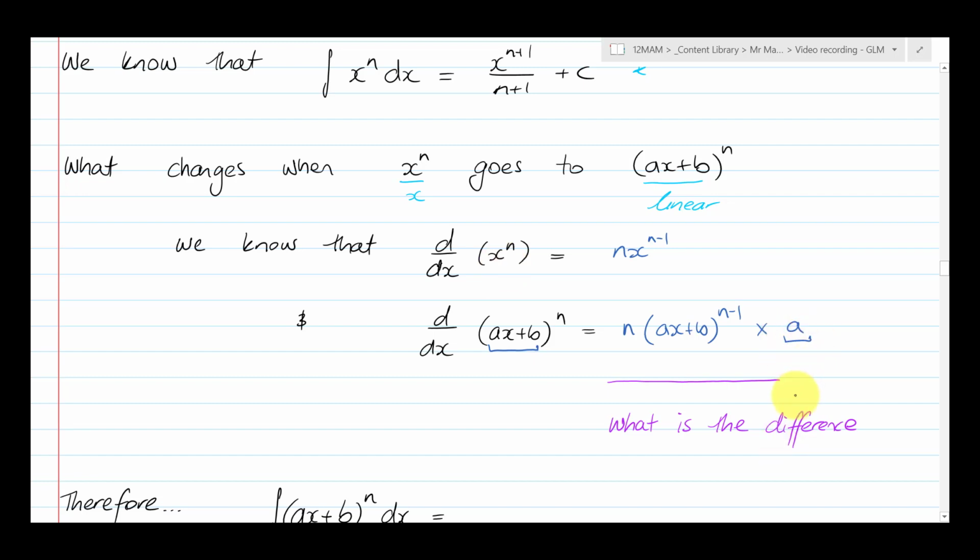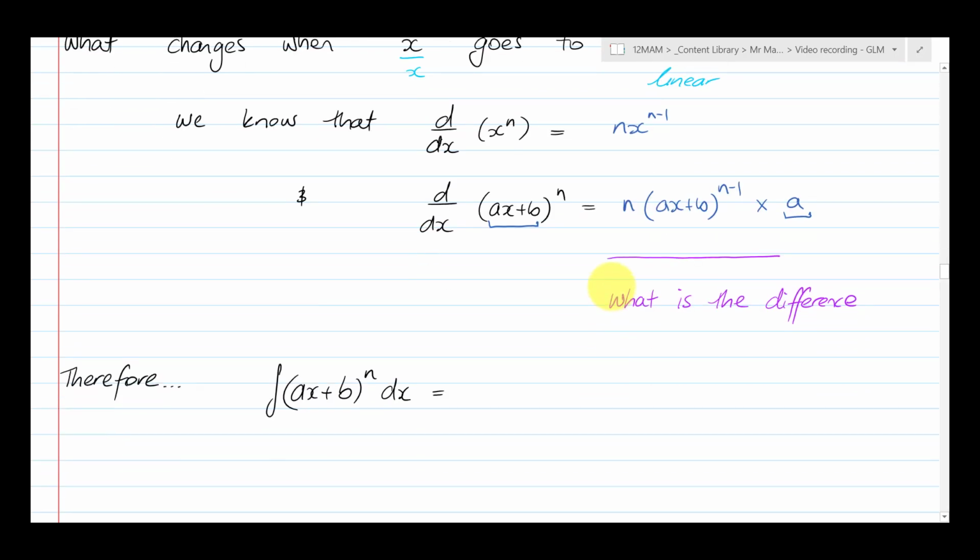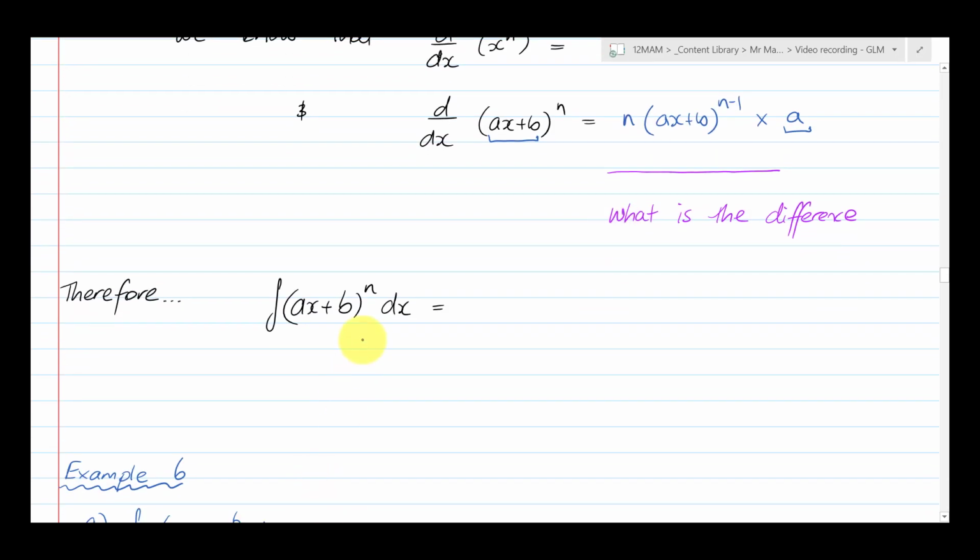So when we derive (ax + b) to the power of n, we get an additional factor of a, which means that when we integrate (ax + b) to the power of n, we get (ax + b) to the power of n plus 1, over n plus 1, but we have to divide by an additional factor of a, so that when we derive this to get back to the original function, it cancels out the extra factor of a that we'll get.